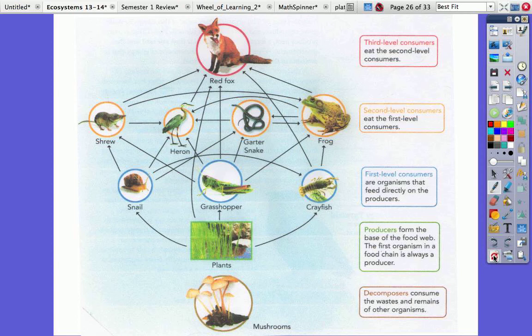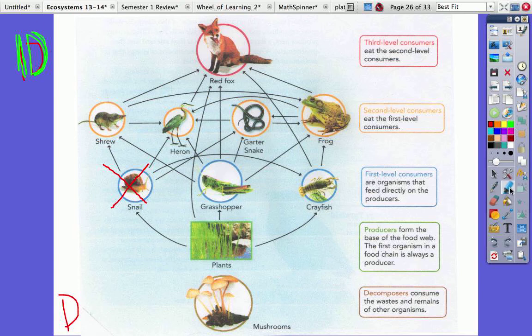So then there's a question. It says, suppose the snail population is infected by a deadly parasite and the entire snail population dies out. Which organism would be directly affected and which ones would be indirectly affected? So direct will be in red, indirect will be in green.